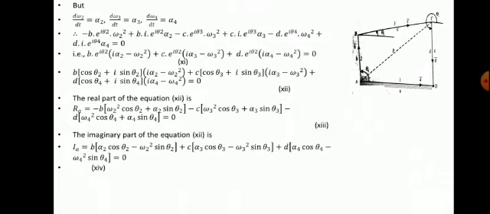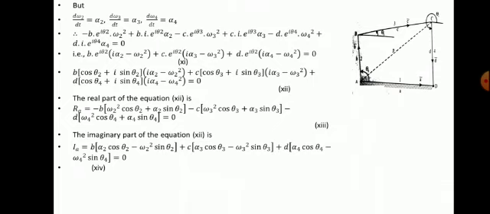Sorry, c e^(i theta 3), not theta 2. So b e^(i theta 2) into i alpha 2 minus omega 2 square, plus c e^(i theta 3) into i alpha 3 minus omega 3 square, plus d e^(i theta 4) into i alpha 4 minus omega 4 square is equal to 0.